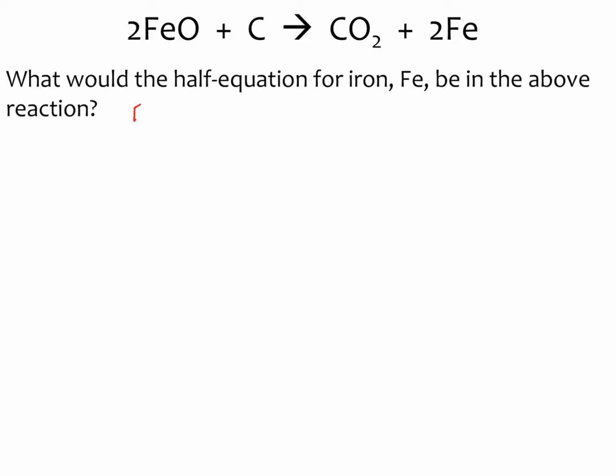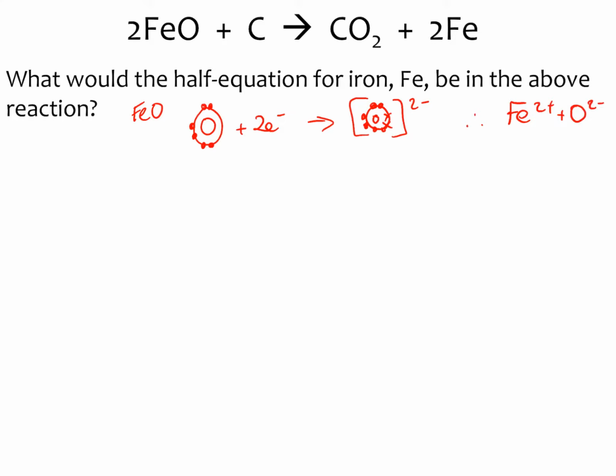In this reaction, we have FeO, and because oxygen forms a 2- ion, because it's in group 6 and needs to gain 2 electrons to form the oxide ion, this must be Fe2+ in this iron oxide, because the Fe2+ and the O2- would make FeO.